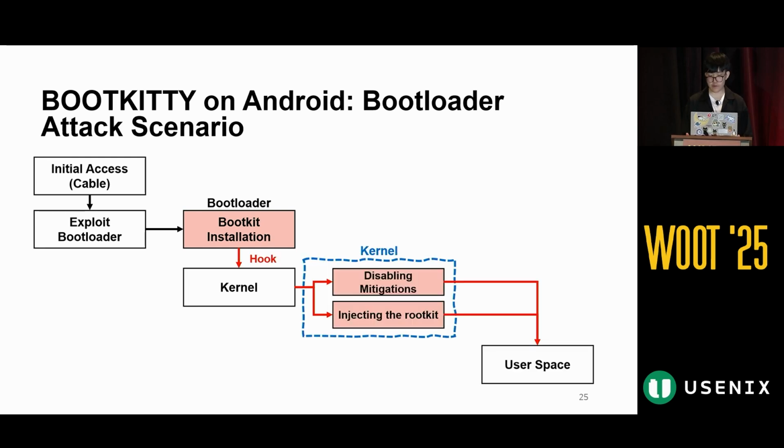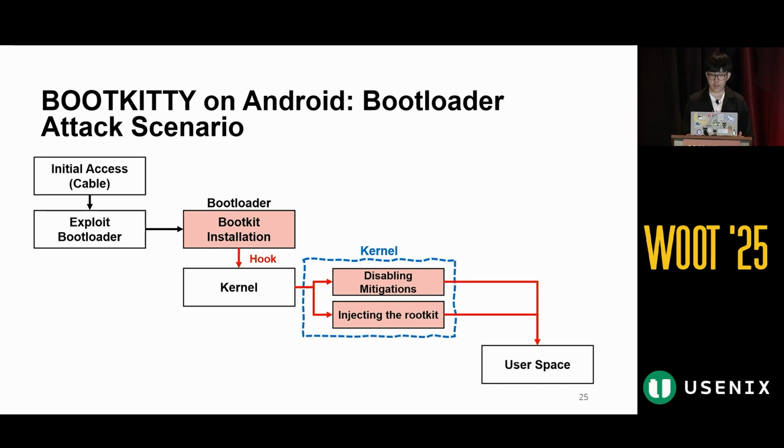When the system reboots, the modified boot process automatically begins execution, and the hooking chain runs. A hook is executed before kernel entry to disable mitigations. Then the bootkit is injected into the kernel and loaded into memory. Through this process, the rootkit is loaded and the system is fully compromised.